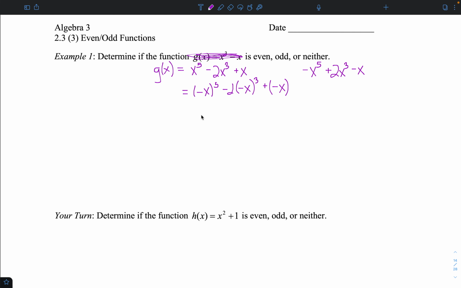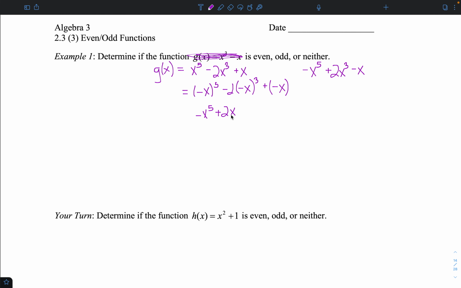All right, so negative x to the 5th is just negative x to the 5th. Negative x cubed is still a negative x cubed, but now I have this negative times that negative, so that ends up being a positive 2x cubed.